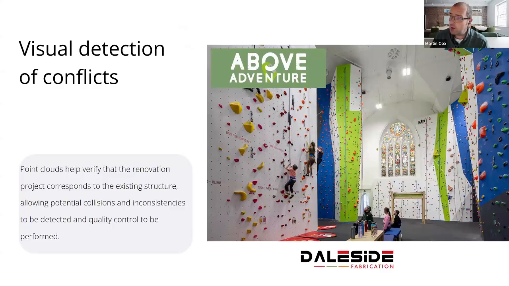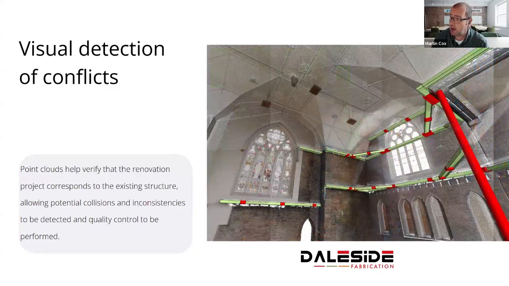Now, also, working with complicated spaces. This is a conversion of a church. In this particular example, they had the interior of a church, and if I go to the next image here, they used a point cloud scan.